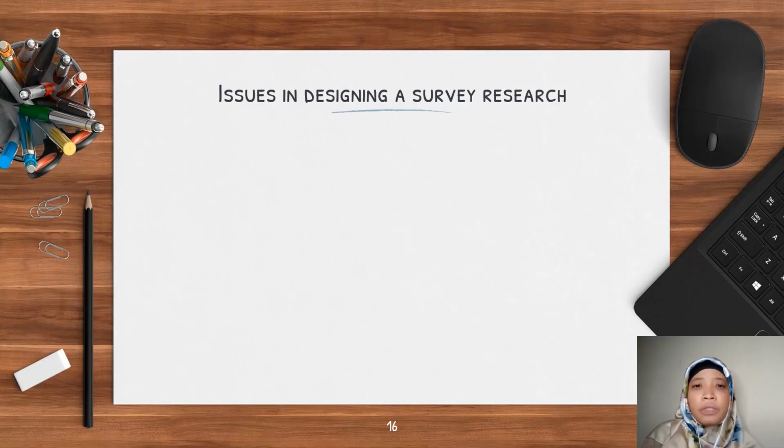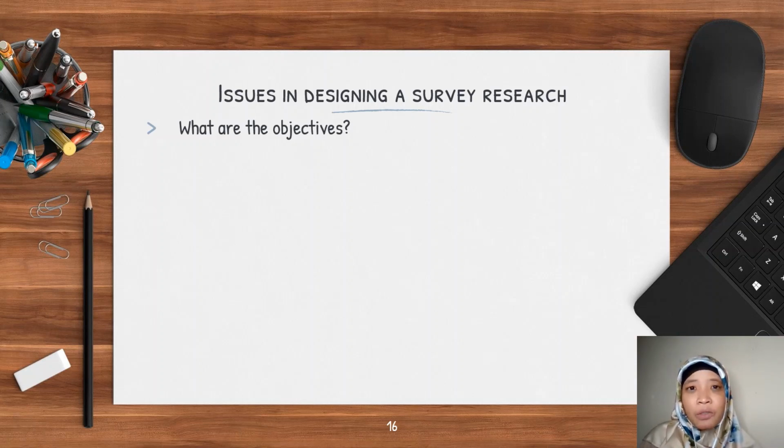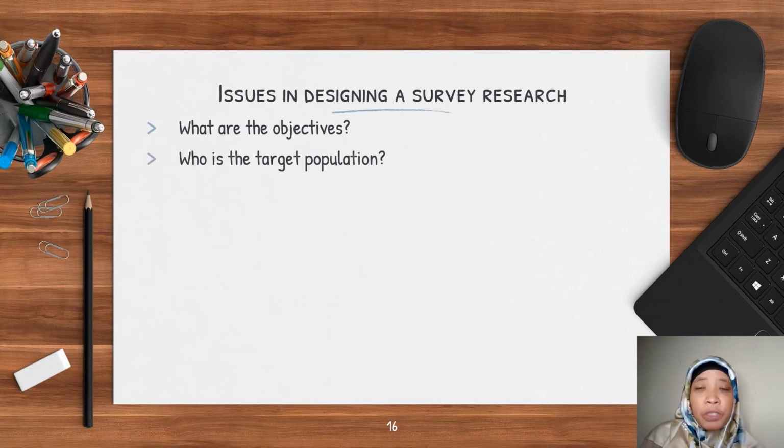These are some issues in designing a survey research that we will also cover in this class. What are the objectives? Typically we will be thinking about what the objectives of our research are and who the target population is. This will also depend on the objectives and the hypothesis. And then which design?